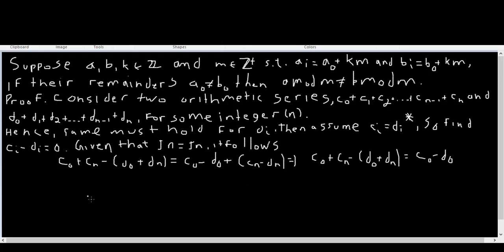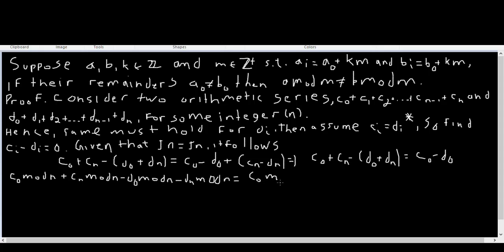Given that C sub n equals D sub n, it follows C sub 0 plus C sub n minus D sub 0 plus D sub n equals C sub 0 minus D sub 0 plus C sub n minus D sub n, which gives C sub 0 plus C sub n minus D sub 0 plus D sub n equals C sub 0 minus D sub 0.